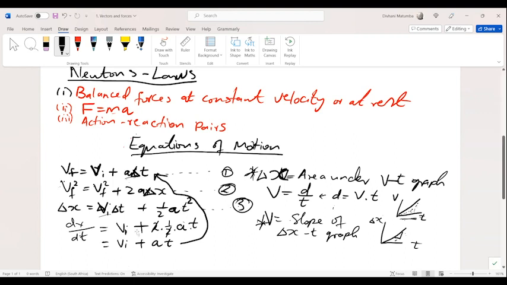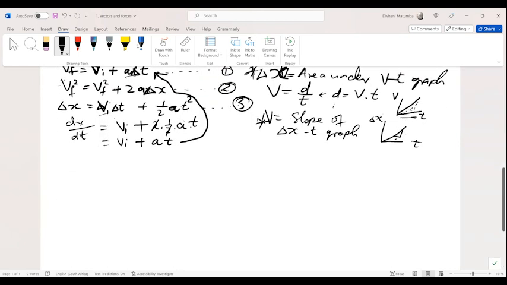So if you check the equations very well, you will notice that displacement changes parabolically over a specific period of time.